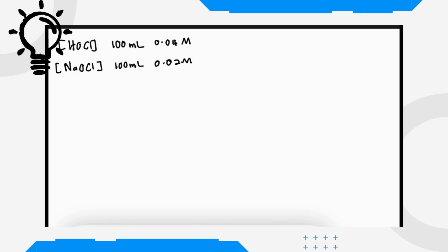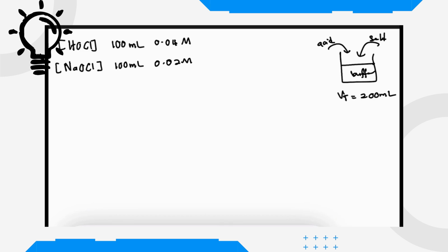Okay, so when we mix together the salt and the acid, it will form a buffer. Now the volume is no longer 100 ml, but it is the sum of 100 plus 100, which becomes 200 ml.